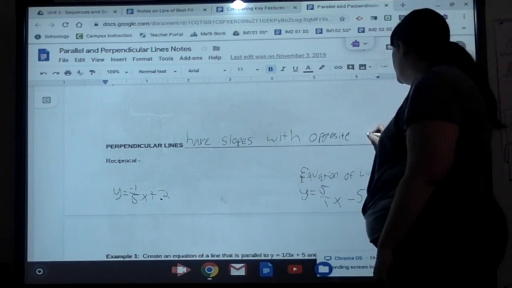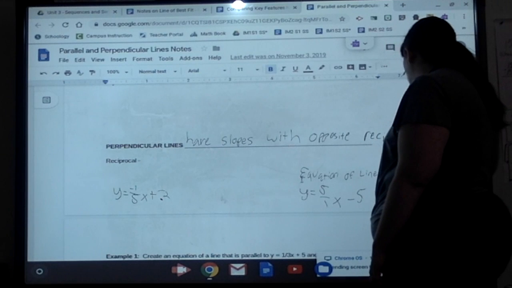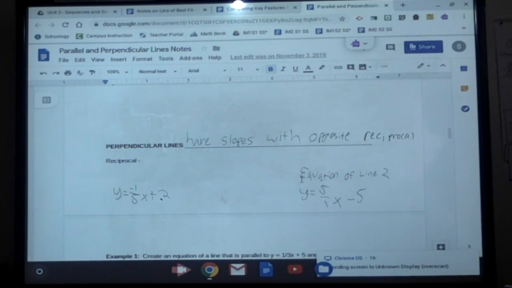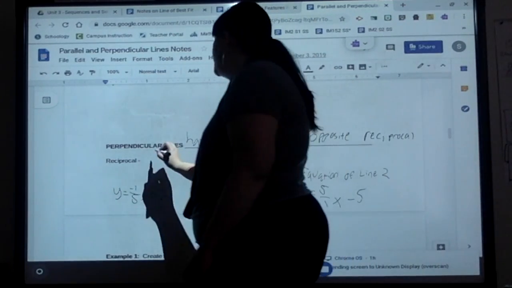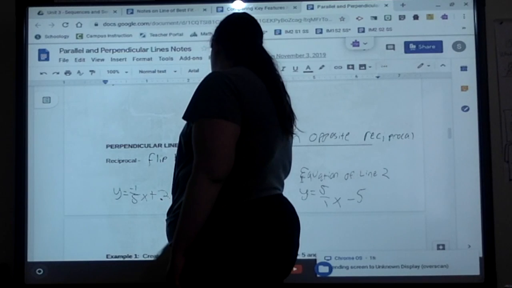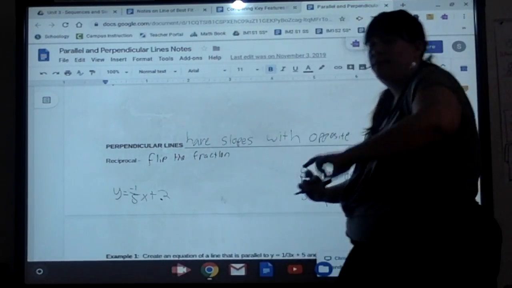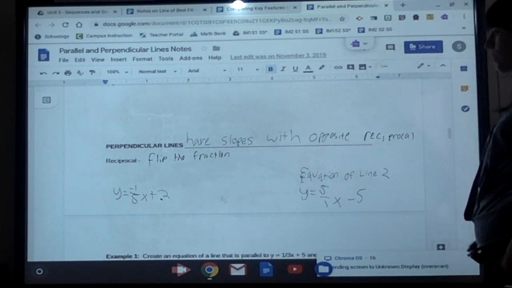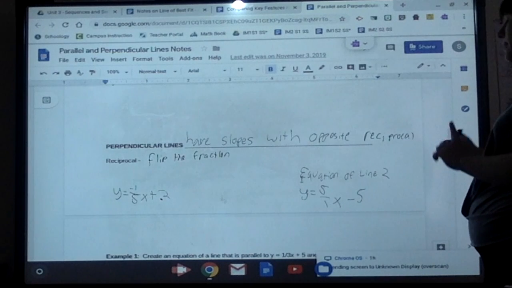And then the next word is reciprocal. Reciprocal. Which I'm assuming a lot of people don't know, because it's a weird word. But all the word reciprocal means, and I'm writing it right here, is to flip the fraction. So these two numbers are reciprocals of each other because they're just flipped over. So when they're perpendicular lines, always, always, their slopes are opposite reciprocals.